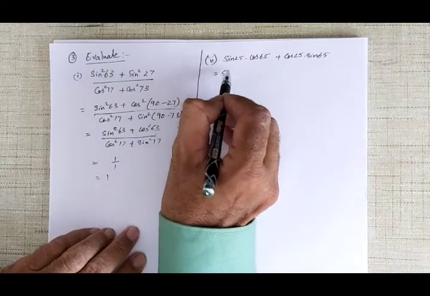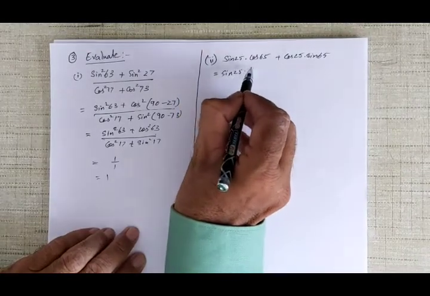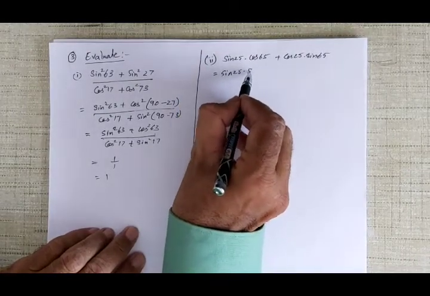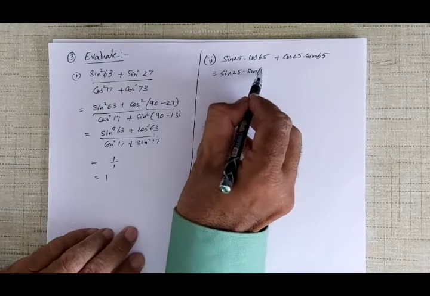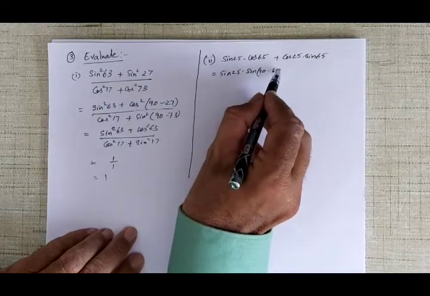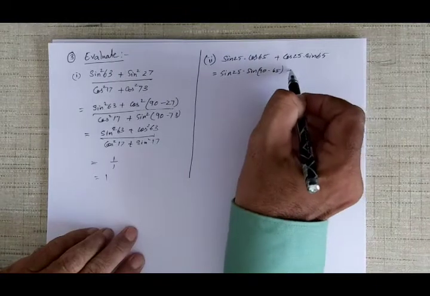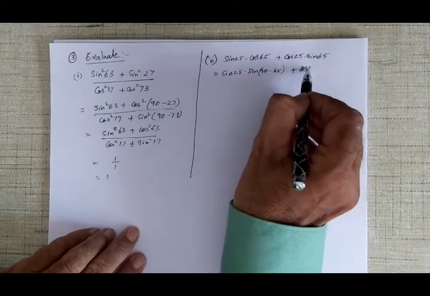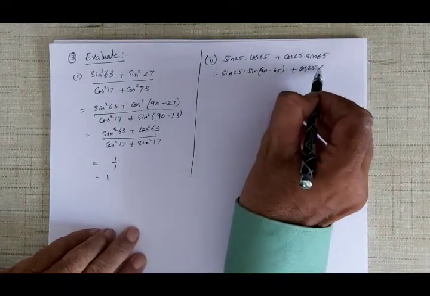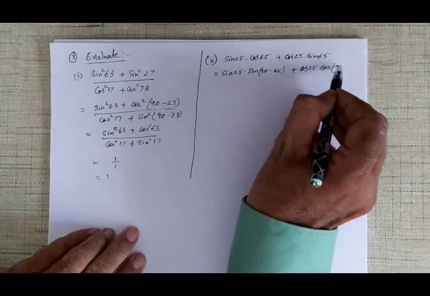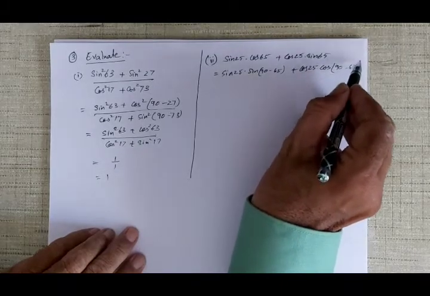Supposing I keep sine 25 as it is, but change cos into sine. So sine 90 minus 65. Then cos, I keep cos 25 as it is, but I change sine into cos. So cos 90 minus 65.